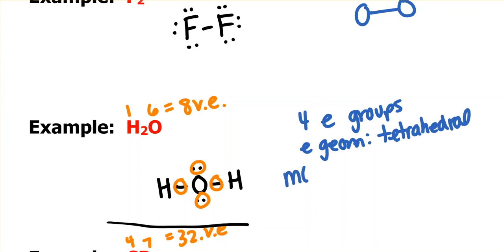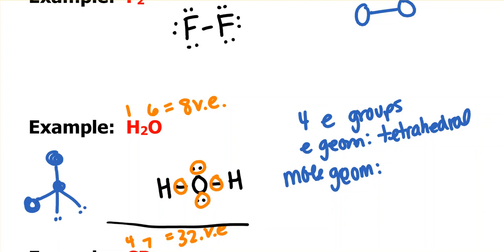And the molecular geometry is, and so this is one where we have, put it over here, this is one where we have 2 lone pairs. So we have our little tetrahedron and 2 lone pairs. And that's how water is. That's why you see water drawn as a bent molecule.